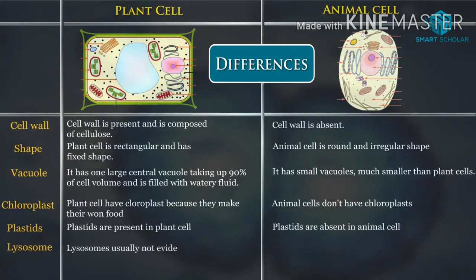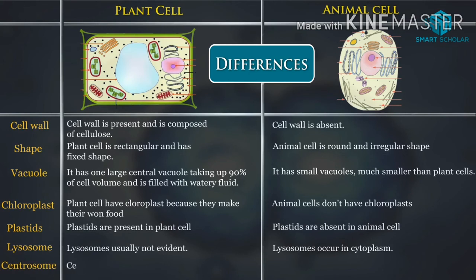Lysosomes are usually not evident in plant cells, whereas lysosomes occur in the cytoplasm in animal cells. Centrosome. Centrosome is absent in plant cells, whereas centrosome is present in animal cells and helps in cell division.